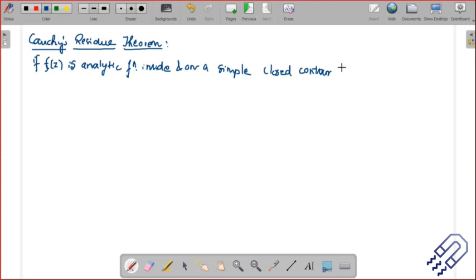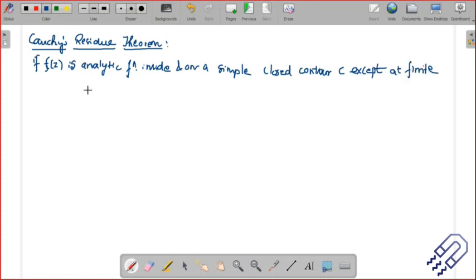It is analytic except at a finite number of points where it is not analytic.